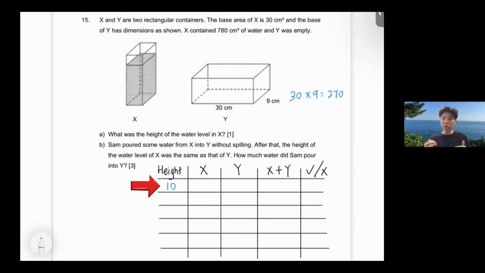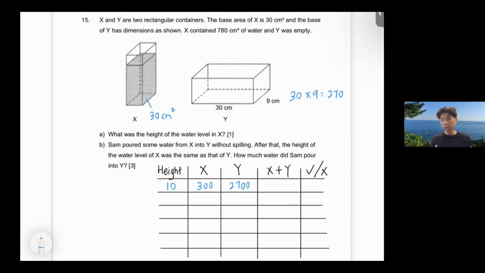So if the height of the water level in X is going to be 10 cm after Sam had poured away some water, and knowing the base area is 30 square centimeters, if I take 30 times the height of 10, I'll get 300 cubic cm of water in X. As for container Y, the base area is 270, and if the height of the water level is 10, then the volume of water in container Y will be 2,700 cubic cm.